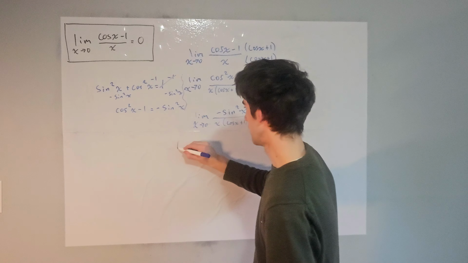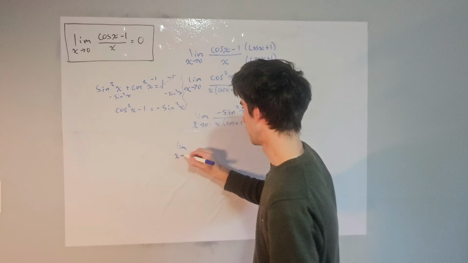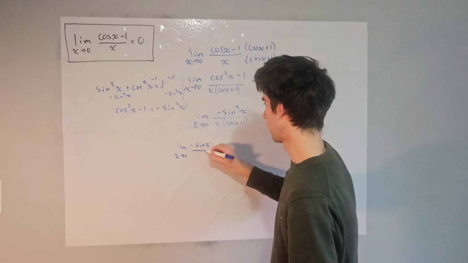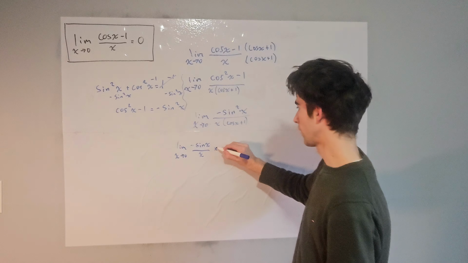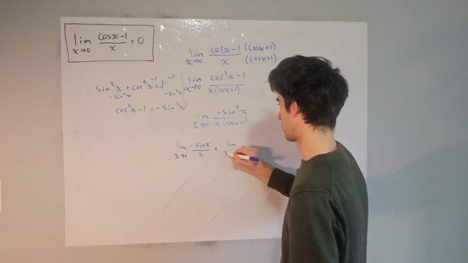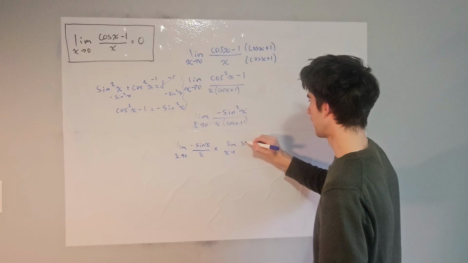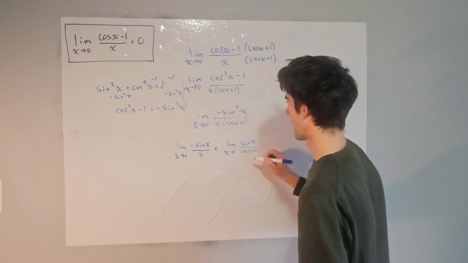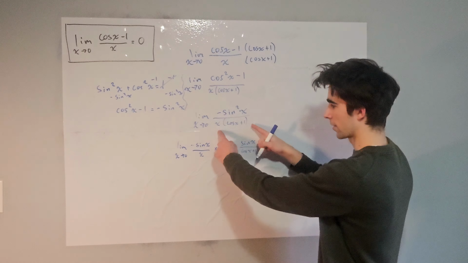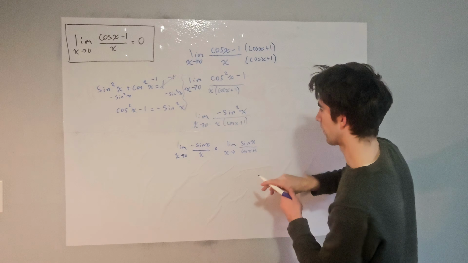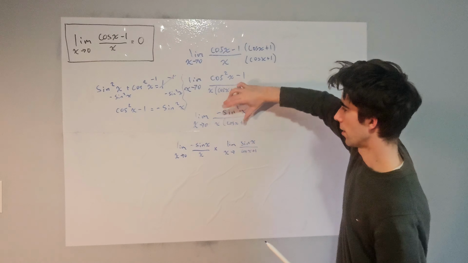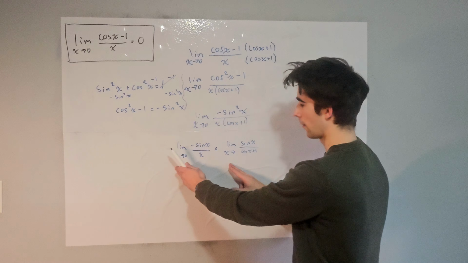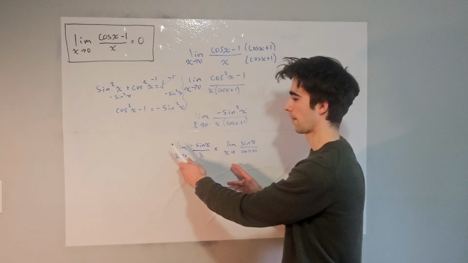We're going to have the limit as x approaches 0 of negative sine x over x times the limit as x approaches 0 of sine of x over (cosine of x plus 1). Now, we just split apart this fraction into these two. You can double check because if you multiply these fractions together, you'll end up with what we started with. And we're just now taking the limit of both of these fractions separately.